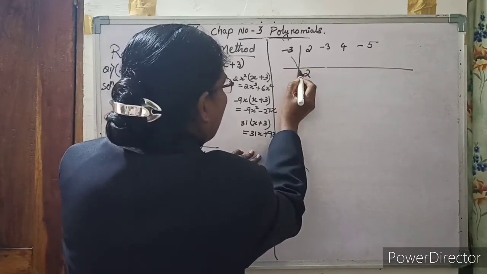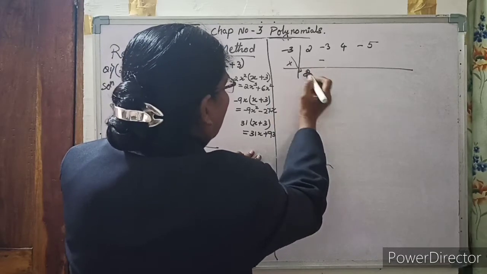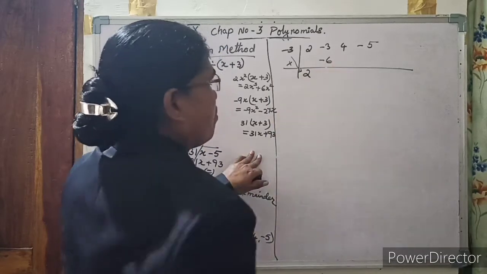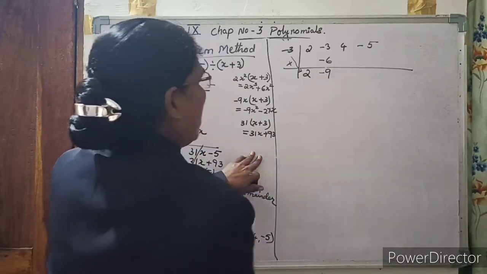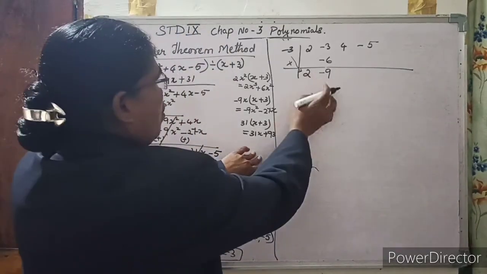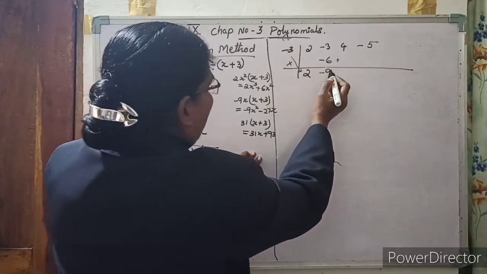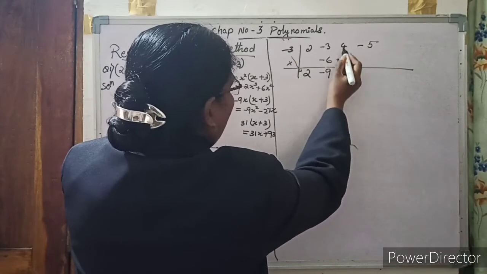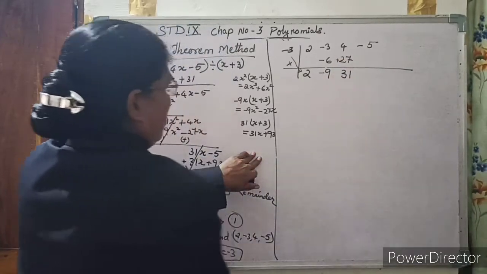Now do cross multiplication. Minus 3 times 2 is minus 6. Both the numbers have the same sign, add and put the same sign. So I get minus 9. Now again do cross multiplication. Minus 3 times minus 9 is plus 27. So 27 plus 4 will give you 31.